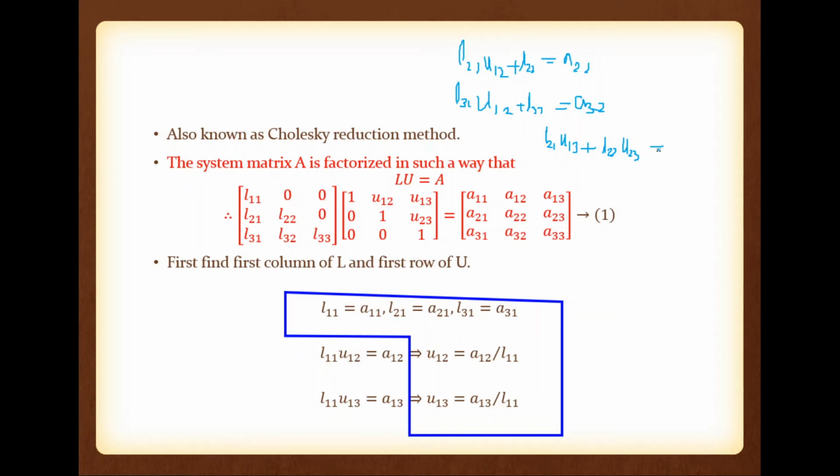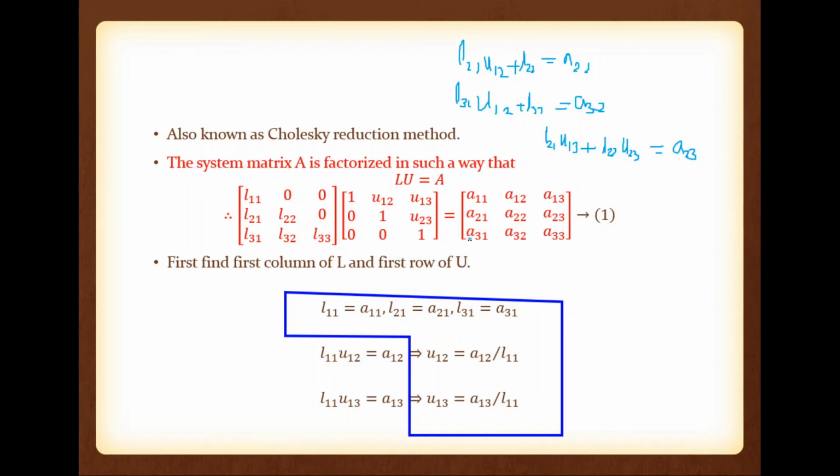So this is equal to A23. So please note, these two are known. Then what is unknown to us? U23 is unknown. So we can find U23, that is equal to A23 minus L21 U13 divided by L22. So it will give U23.